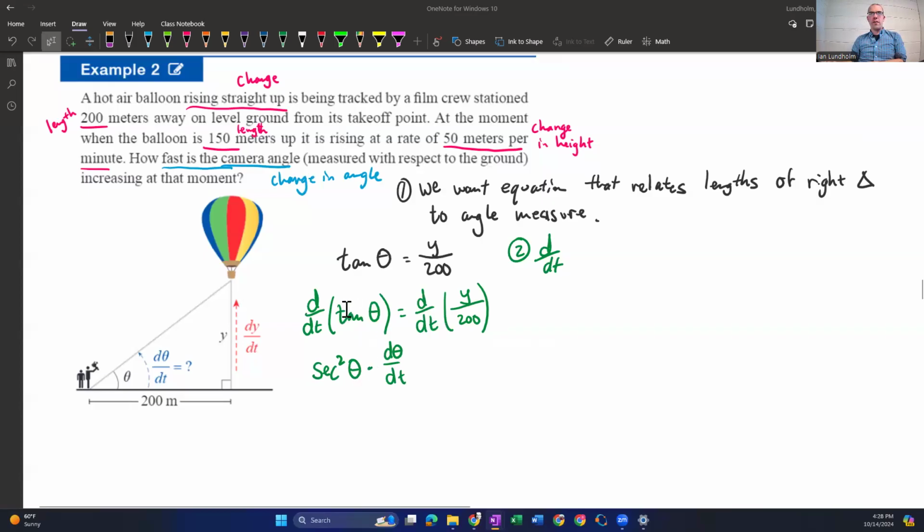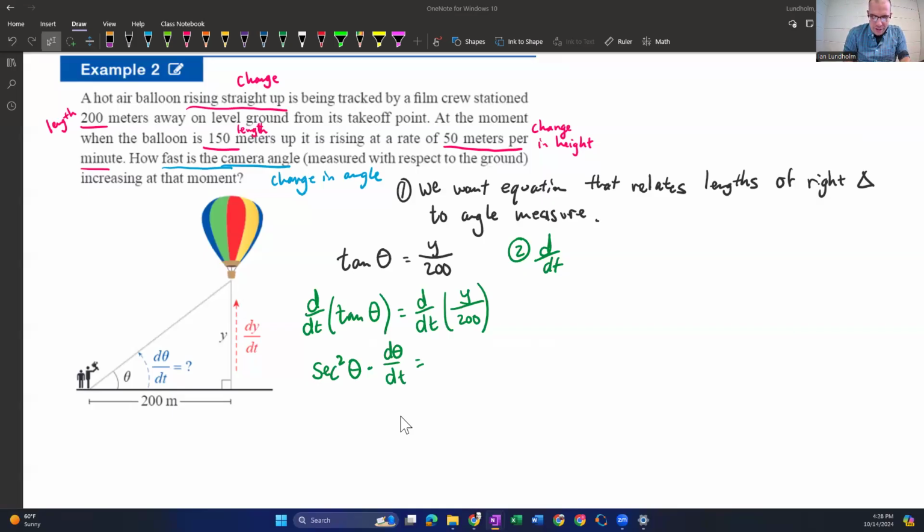So that is the result of the chain rule. We take the derivative of tangent, which is the big function, we get secant squared theta, and then we multiply by the derivative of the inside, which is d theta dt. Then, on the right-hand side, we do the same thing. The derivative of y with respect to t is going to be kind of boring.